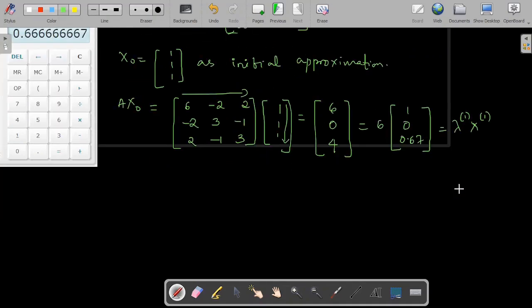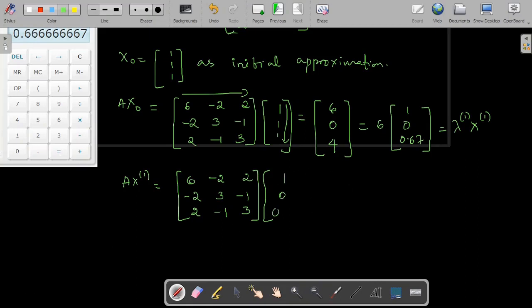Now you have to take this first approximation to find the next approximation. A remains the same: 6, minus 2, 2; minus 2, 3, minus 1; 2, minus 1, 3 into the first approximation 1, 0, 0.67.